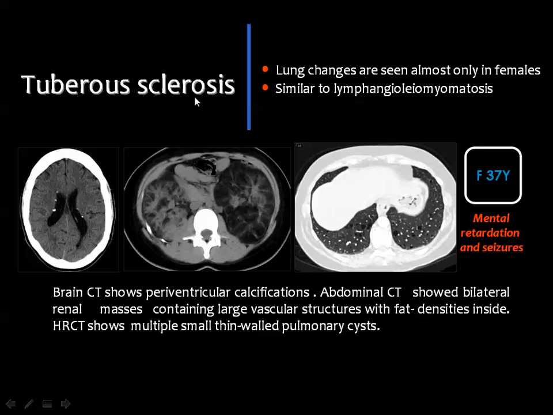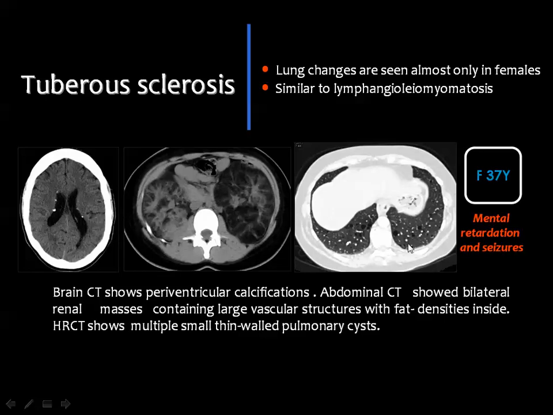The lung changes are almost seen only in females. Tuberous sclerosis affects males and females. The lung affection is seen in females and is similar to lymphangioleiomyomatosis. This patient presented with mental retardation and seizures. In the brain, you can see the classic appearance of tuberous sclerosis in the form of subependymal nodules and tumors that are calcified, and you may see giant cell astrocytoma as well.